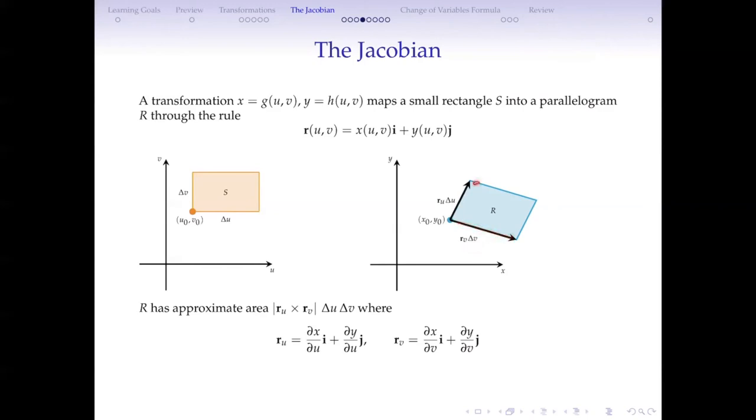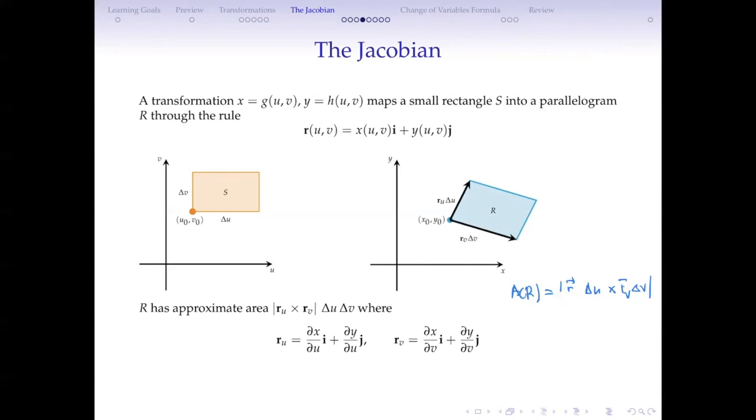So remember that the area of a parallelogram is the magnitude of the cross product of its sides. So if I now take the cross product, let's do a little side calculation here. The area of the parallelogram is going to be the magnitude of the cross product r_u delta u cross r_v delta v. The delta u and the delta v are just scalars.